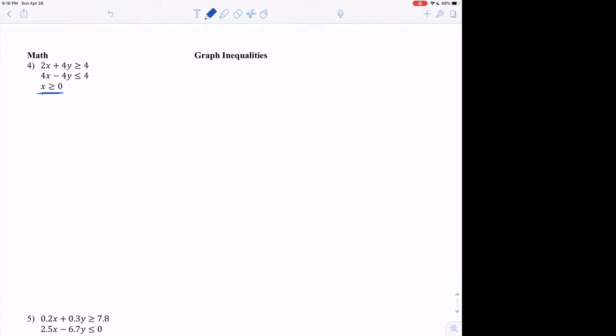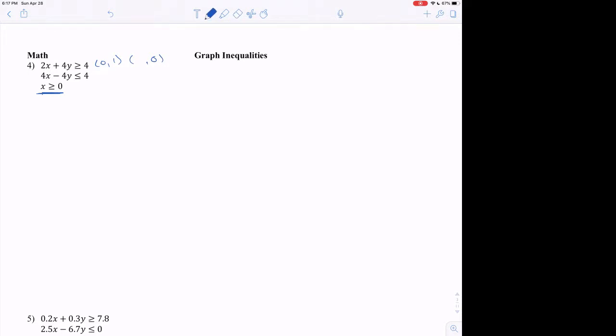So here I have 0 for x, then I have 1y. If I have 0 for y, so imagine putting your finger over the x. So for the first one, if I have 0 for x, then this goes away. So then I have 4y equals 4, so y equals 1. All right? Great, I can erase.